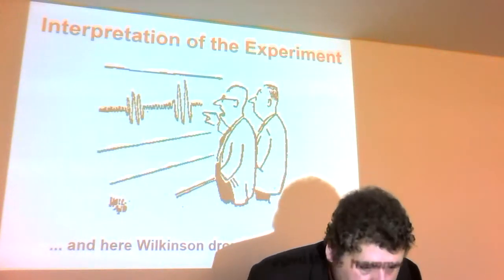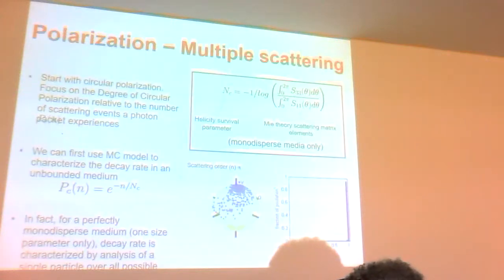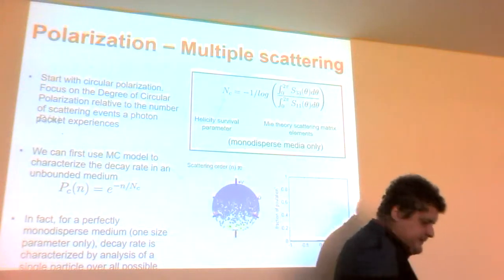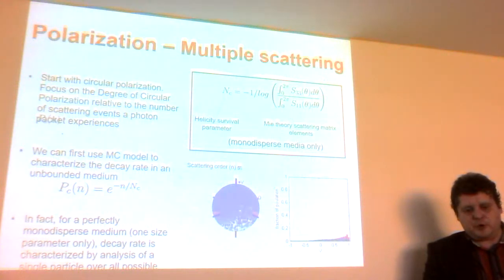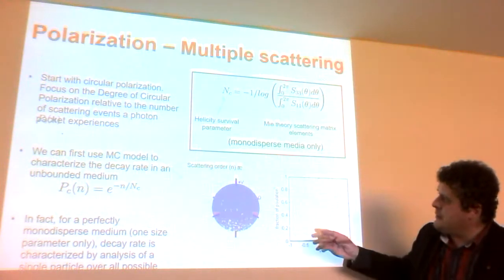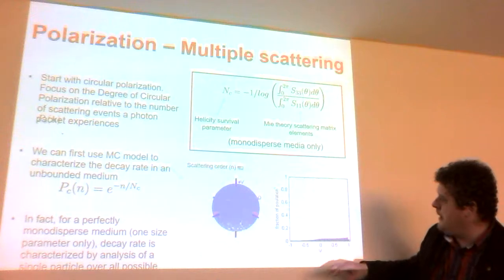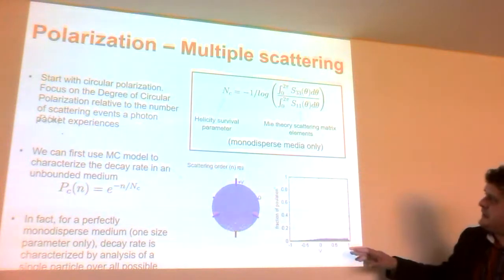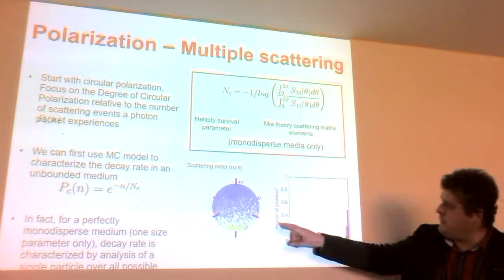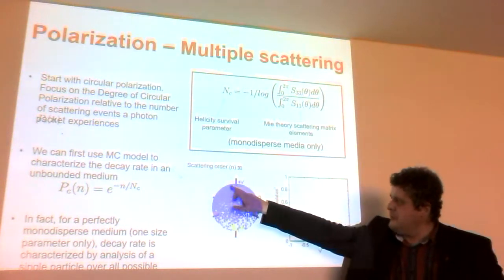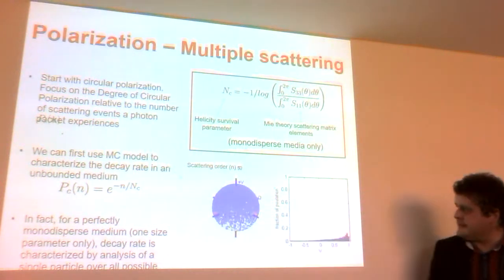And we started to implement these changes of size in a model, and we found that if we consider scattering events, we are able to see the preservation of helicity on a Poincare sphere.